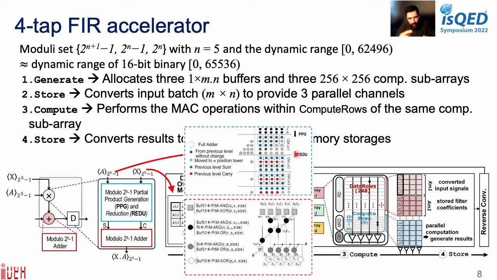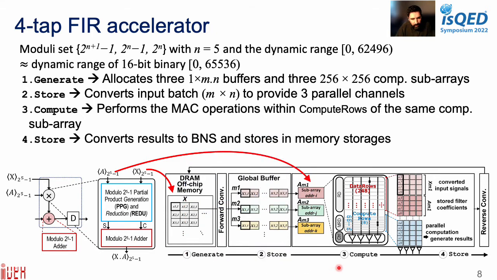This process continues until only 2 vectors, sum and carry out, remain. Both implementing multiplication and addition, as you can see here, require this red building block, which is the modular add. And finally, after completing all computations, the output is converted using this reverse converter to the binary number system and goes back and is stored in the lower level of our memory hierarchy, which is DRAM here.